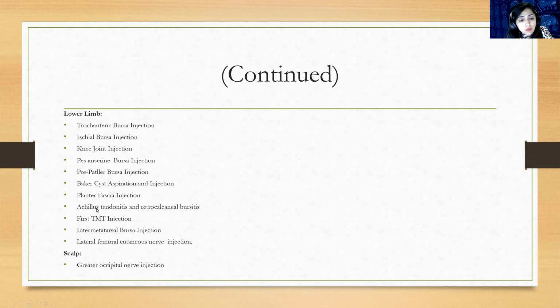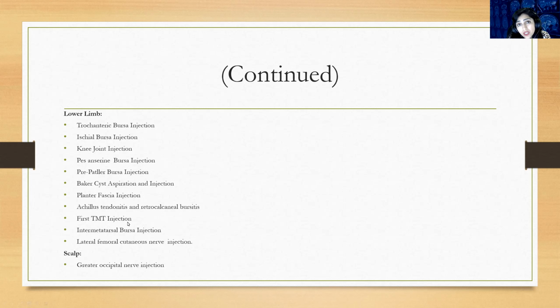So sometimes both of these conditions are present, like there is inflammation of the Achilles tendon, and there is retrocalcaneal bursitis as well. So what we do, we inject part of the injection superficial to the Achilles tendon and part of the injection into the retrocalcaneal bursa to make it more effective. But sometimes if there is only Achilles tendinitis, then we only inject superficial to the Achilles tendon.